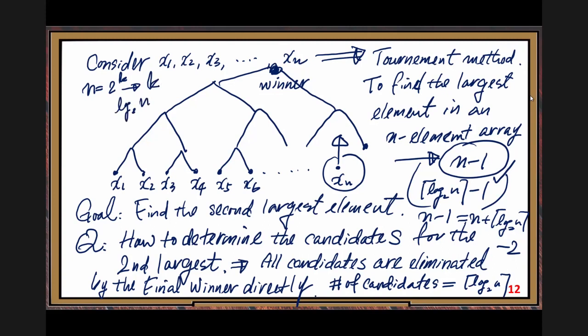But here n is a power of 2. In general, it is not a power of 2. If n is not a power of 2, you can also go round by round, but each round you may have one player idling, not playing, moving up directly.